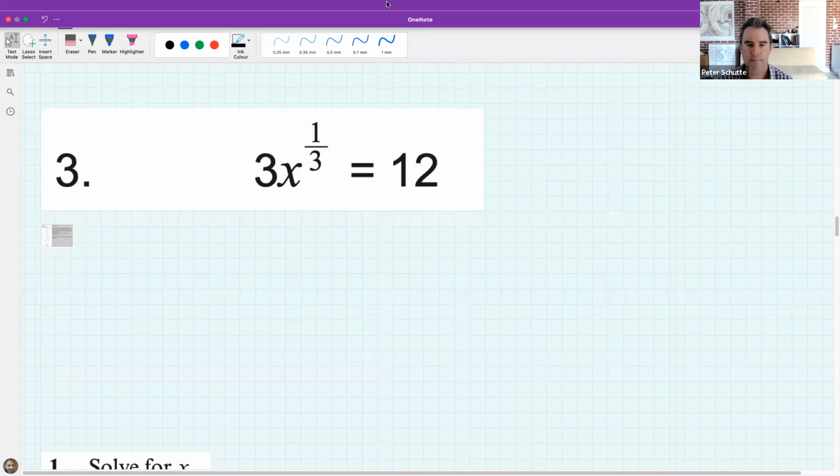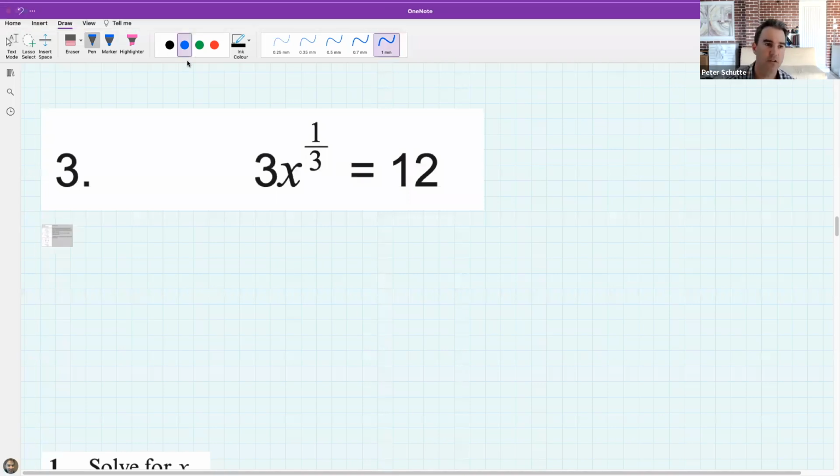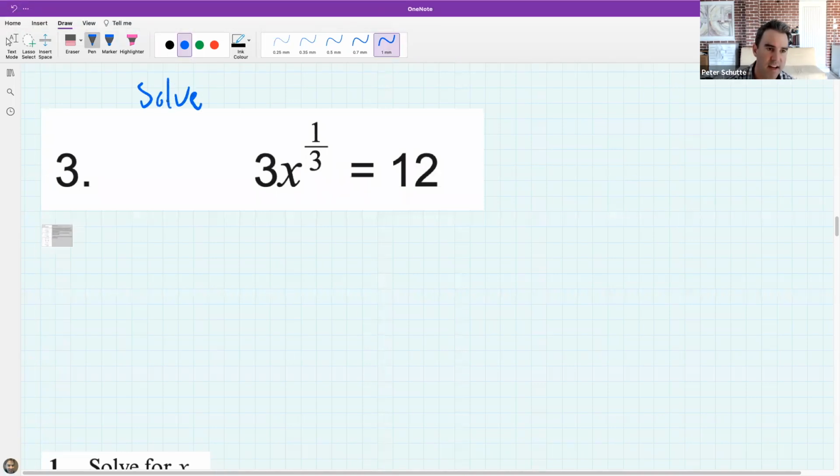So, we are trying to solve for x in this question. That is the keyword. And the x is this thing, but the x has got a power in this question. I agree that the 3 is a little bit new.